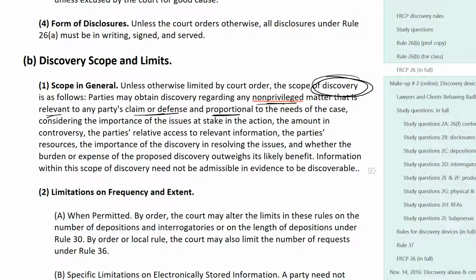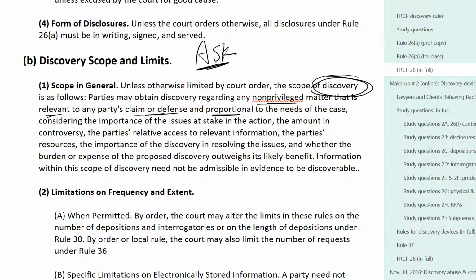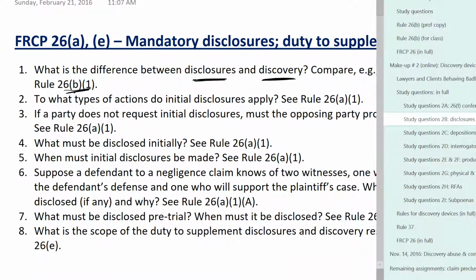As we're going to see very shortly, discovery includes things that you ask for. That could be a deposition, interrogatories, requests for admission, document requests, medical exams, and so on and so forth. Discovery is stuff that you ask for.